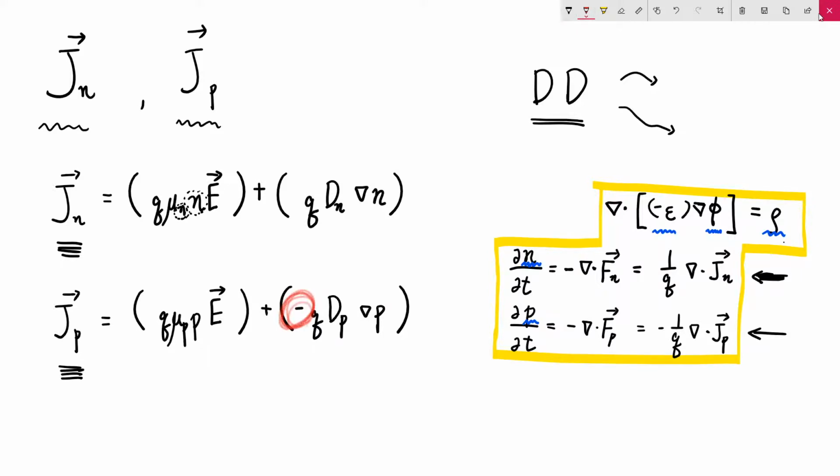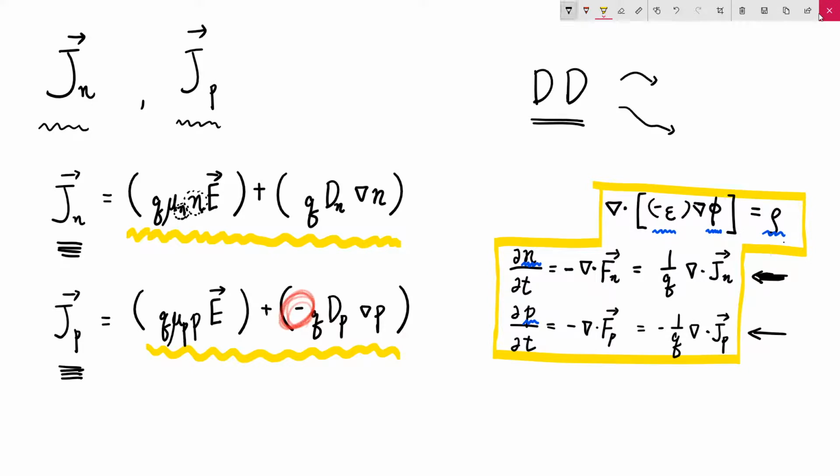We have a negative sign. Sometimes people are confused about where to introduce a negative or positive sign. So please try to memorize the correct position for minus signs. But anyway, this is the form for our electron current density and hole current density.